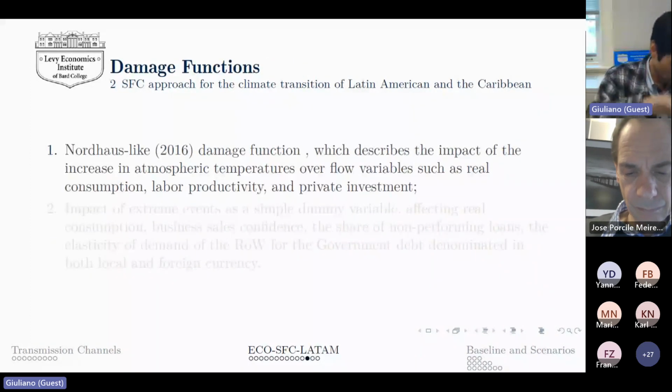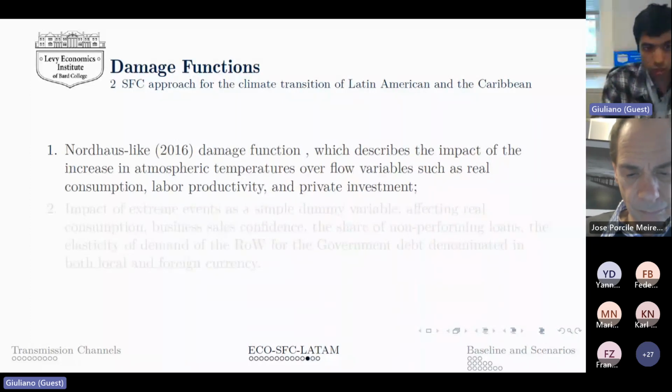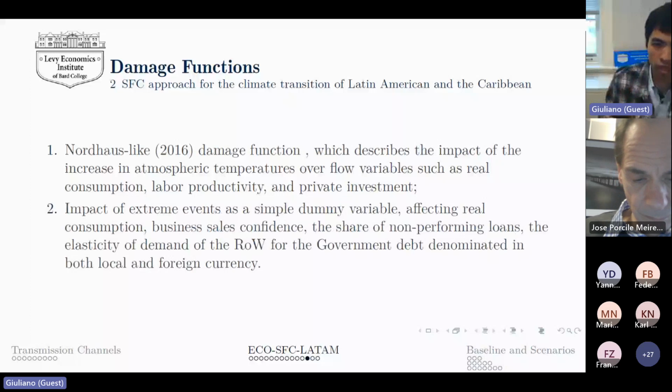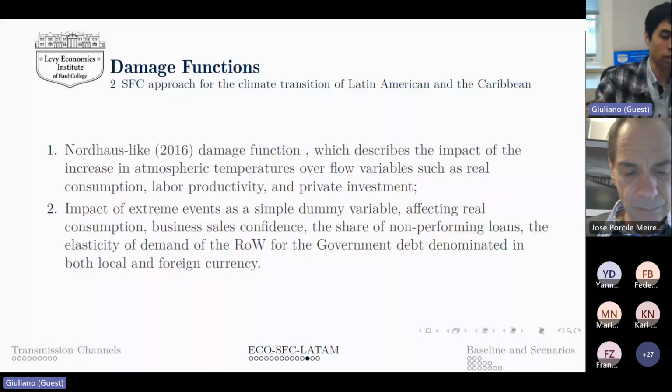So coming to the feedback from the environment to the economy, we do postulate a damage function, which is kind of standard for this kind of model.